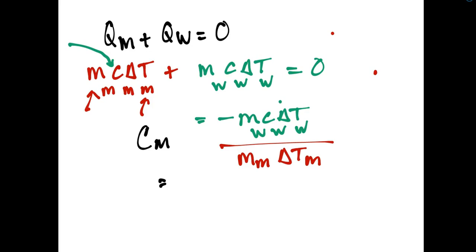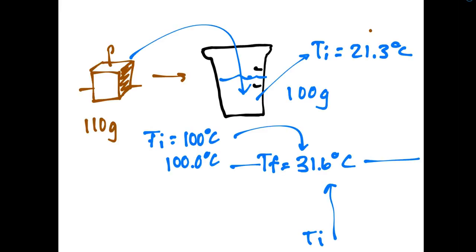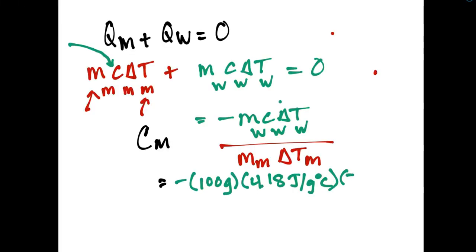Let's see what we get here. Okay, so we got to go back. The negative and the mass of the water, that I remember, 100 grams. Specific heat, always 4.18. Temperature change went from, now the final, 31.6 minus 21.3. It should say degrees Celsius, but I don't have room.